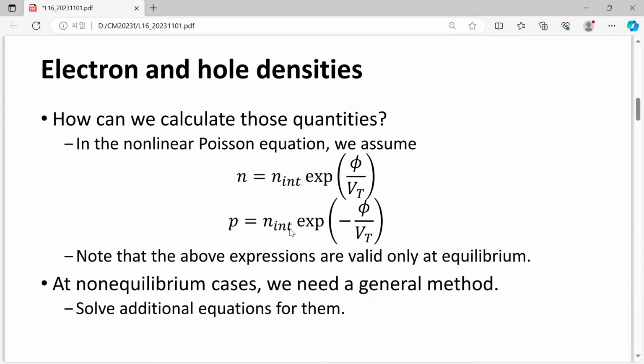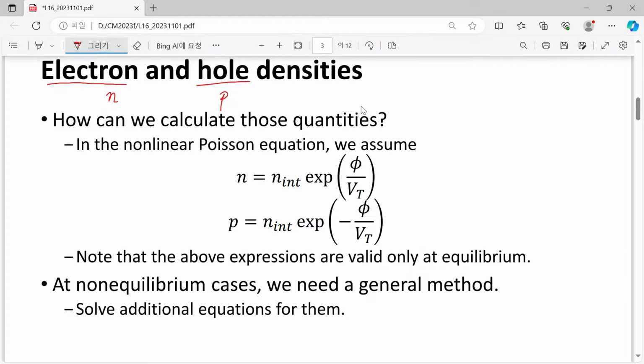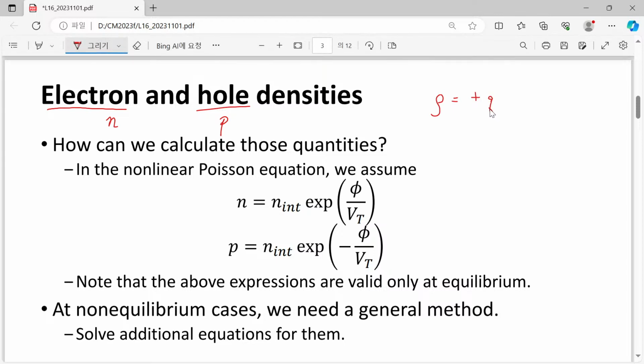This slide is just to summarize my previous talk. We need electron density, typically written as N, and hole density, typically written as P, due to their negative and positive charge. How can we calculate them? Because we need the net charge density at a given position.